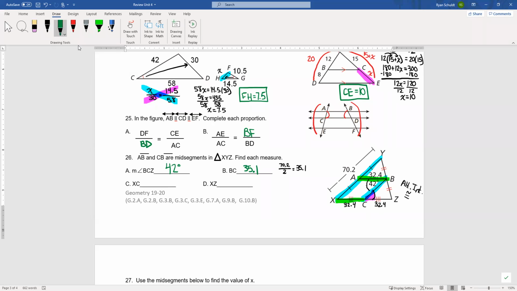So XC is 32.4, which makes XZ the whole thing over here. So 32.4 plus 32.4. It's going to be 8, put your decimal, 64.8.